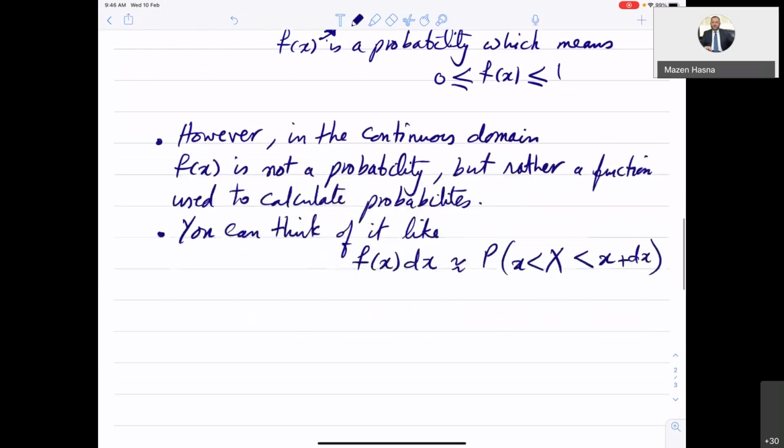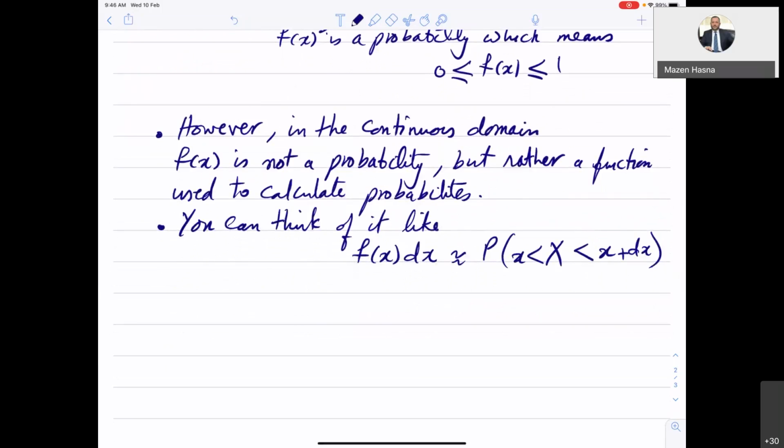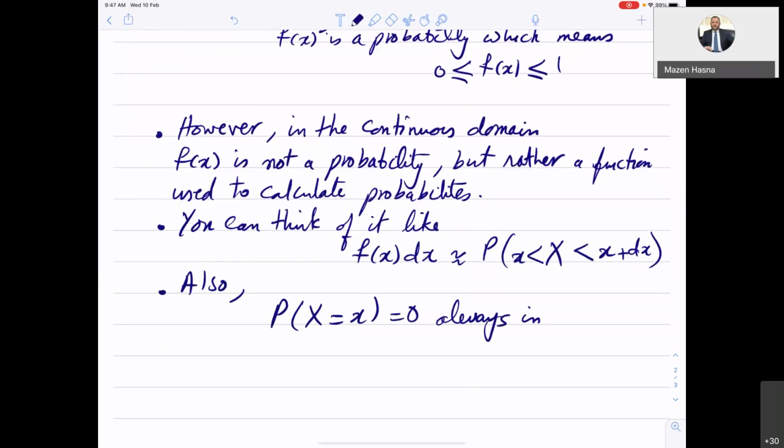And as you mentioned, for continuous random variables, the probability that X equals a point is always 0.